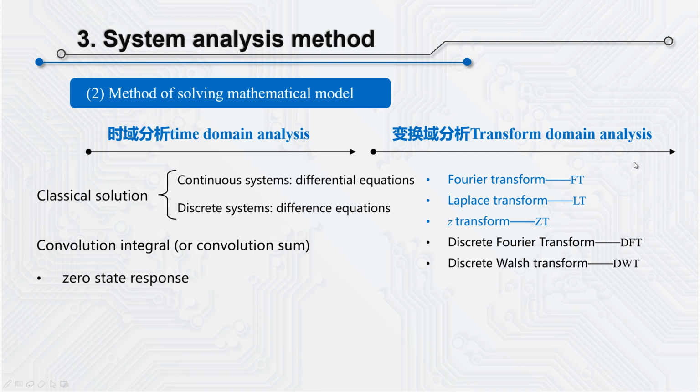Transform domain analysis includes Fourier transform, Laplace transform, Z-transform, discrete Fourier transform, and discrete Walsh transform. In this course, we mainly discuss the Fourier transform, Laplace transform, and Z-transform. Other transforms will be discussed in the following course.